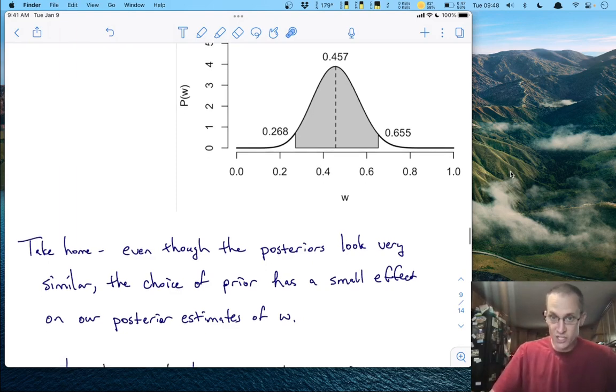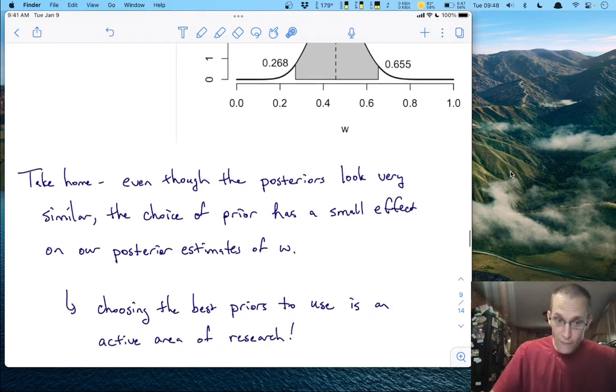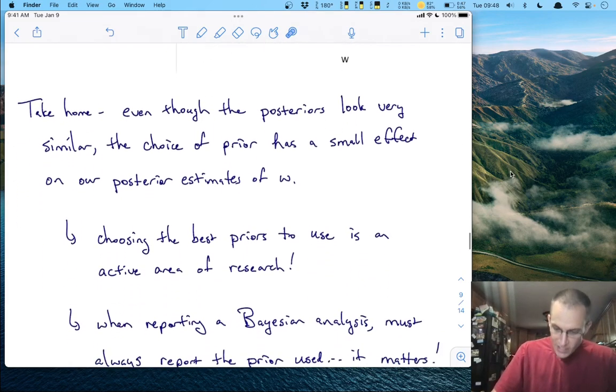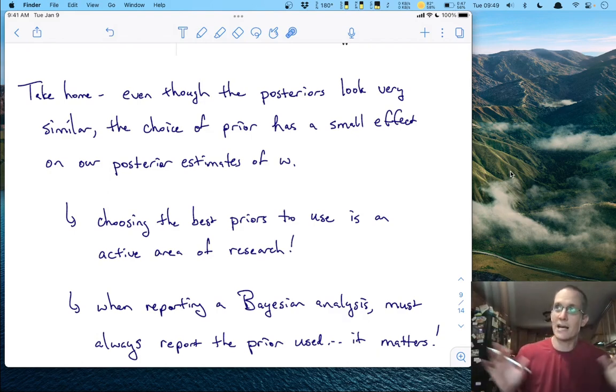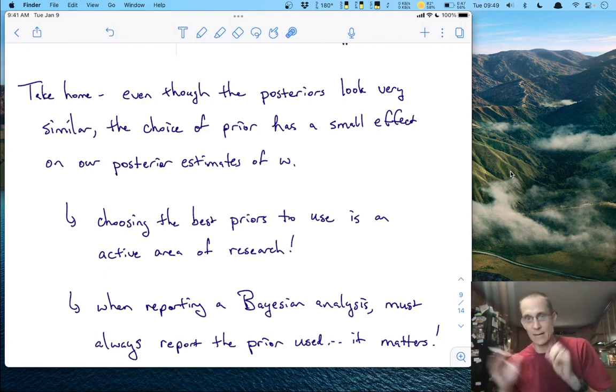What does that mean? Is that just an academic exercise? No. First of all, choosing the best prior to use is not trivial and is an active area of research. I have colleagues who do this kind of stuff all the time. And you'll see papers where the main point is to demonstrate that using this prior works across a large class of problems in this discipline with these types of constraints.